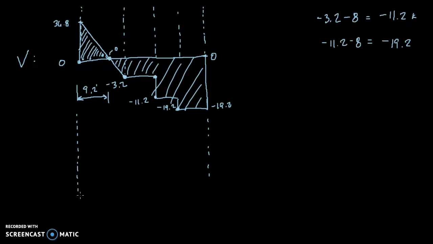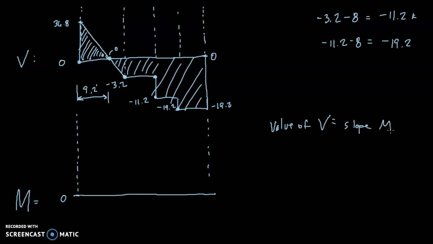Okay, so I start again with a horizontal axis representing 0 moment. And if I look at this first portion of the graph, I start off with a pretty high slope. Remember that the value of the shear diagram equals the slope of the moment diagram. So I'm starting off with a high slope.